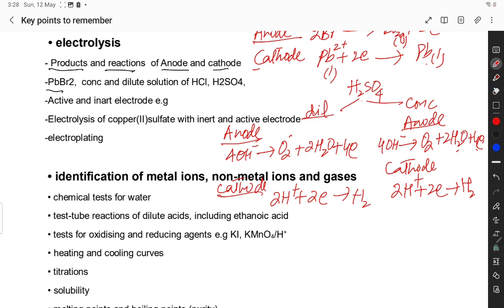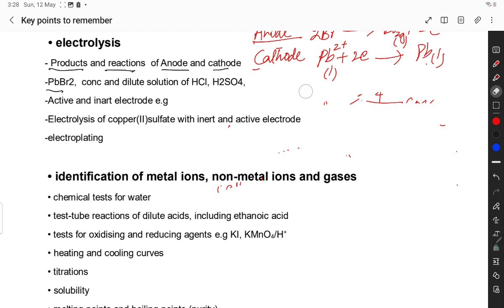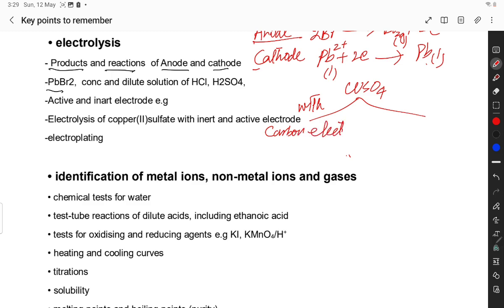So next is the electrolysis of copper(II) sulfate, with carbon electrodes and with copper electrodes.